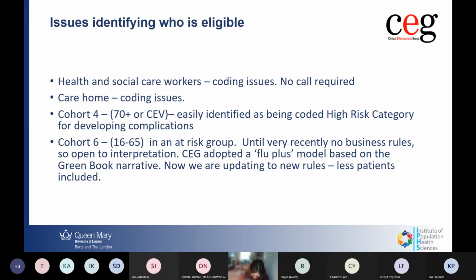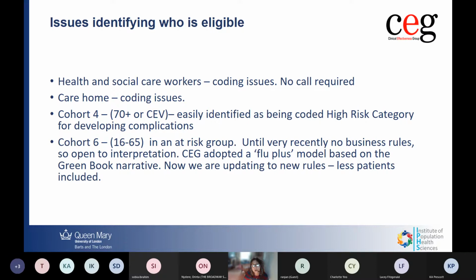The other point about this was actually it's the employer's responsibility, not the practices, to call patients in for vaccination. So two reasons really why we didn't include them. Care homes, there were coding issues around care homes, and we did ask practices to go through their care home registers to make sure that the patients who were coming up in their care homes were indeed patients who were in a care home.